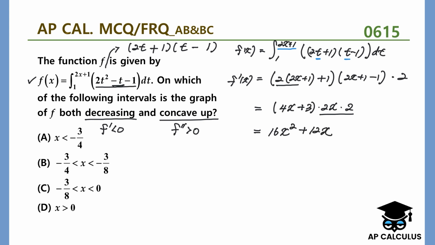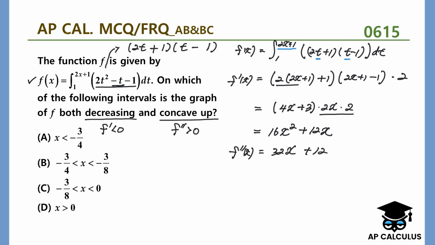So far so good. Now let's find the second derivative. F double prime of x is equal to 32x plus 12, right? Now we have to find the values of x where the first derivative is equal to 0 and the second derivative is equal to 0. Then after that, we're going to perform the first derivative and concavity tests.